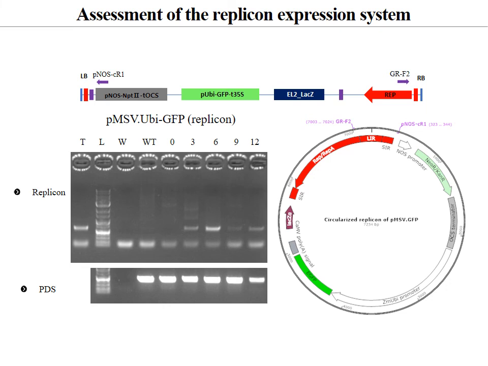So you can see the target band around 500 base pair, and it should appear 3 to 12 days after transformation. So we can be sure our replicon expression system is working very well. And later we need to check editing efficiency. We need to apply this system for editing.